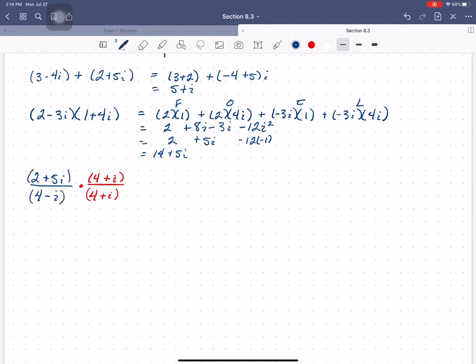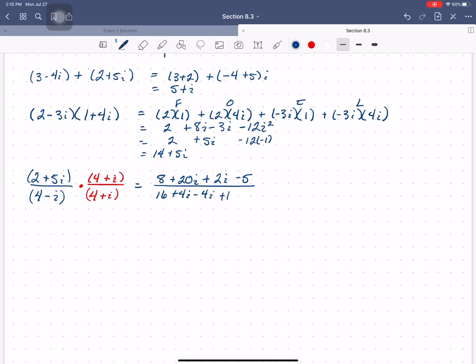And now we FOIL. So on top we end up with 8 plus 20i plus 2i minus 5. And on the bottom we end up with 16 plus 4i minus 4i minus i squared.